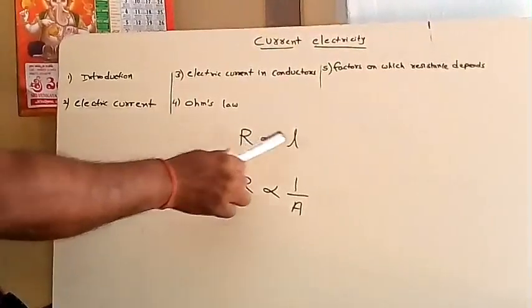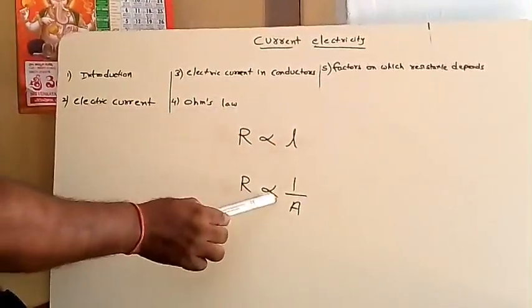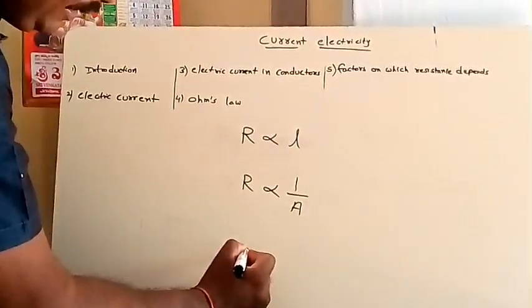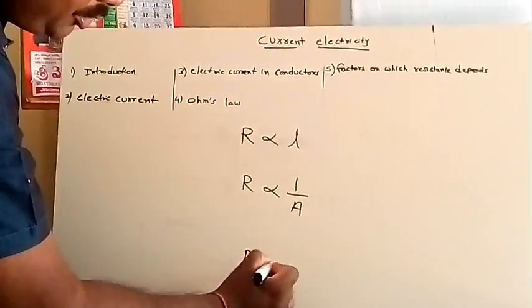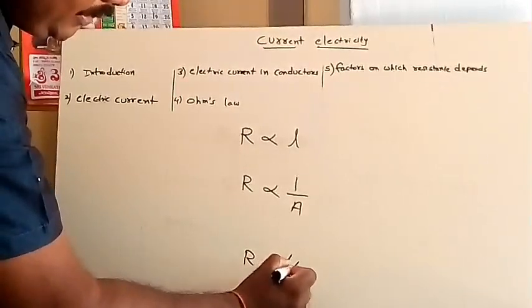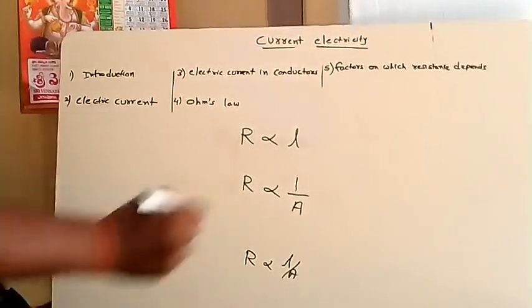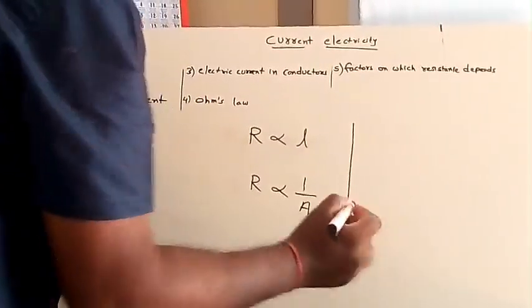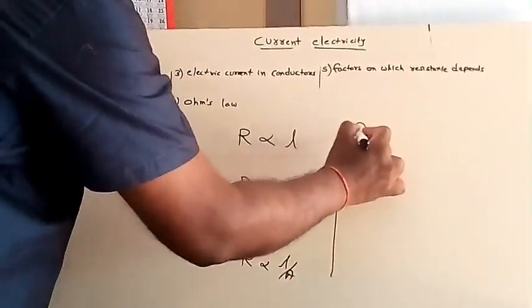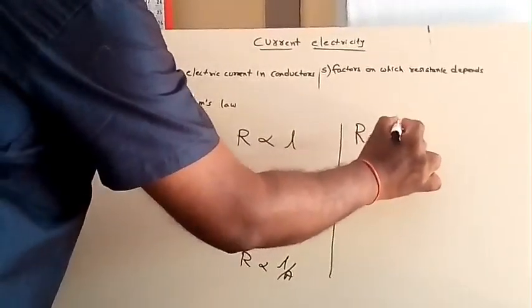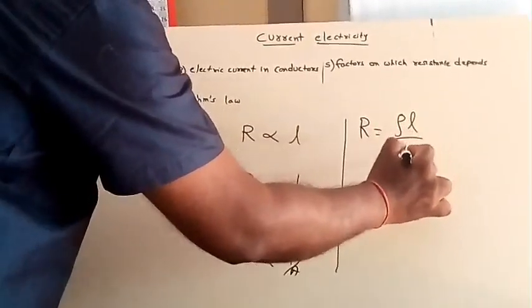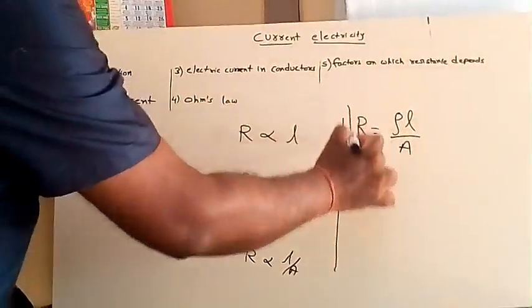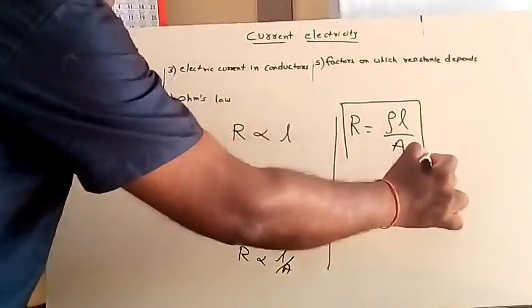By combining these, we can get R proportional to L by A. If I remove the proportionality, then you can see R is equal to rho L by A.